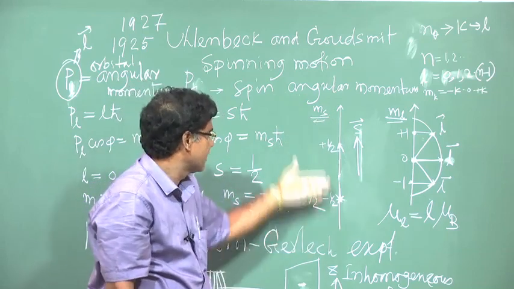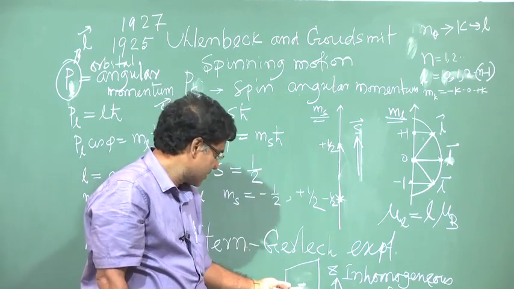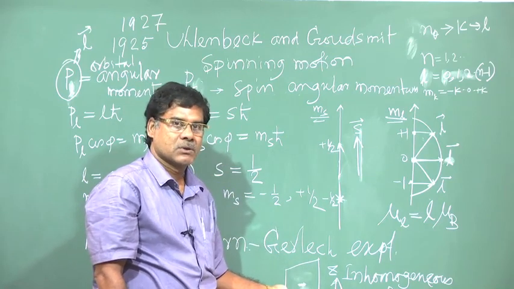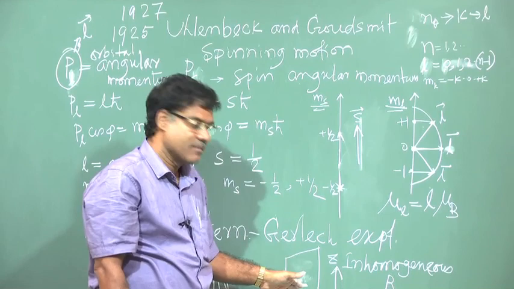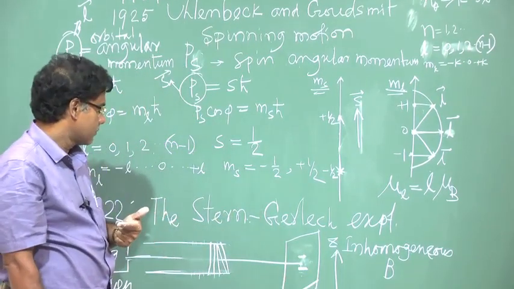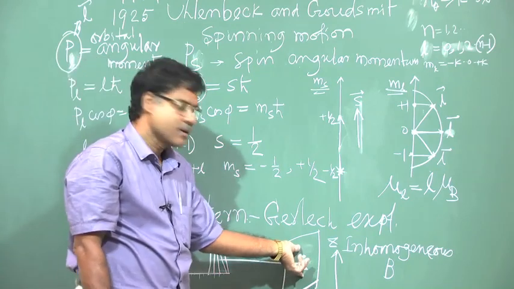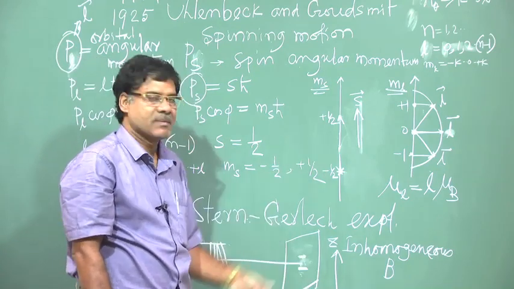So plus half is going up and minus half is going down. Okay. So this is coming from the spin magnetic moment, which we will see.